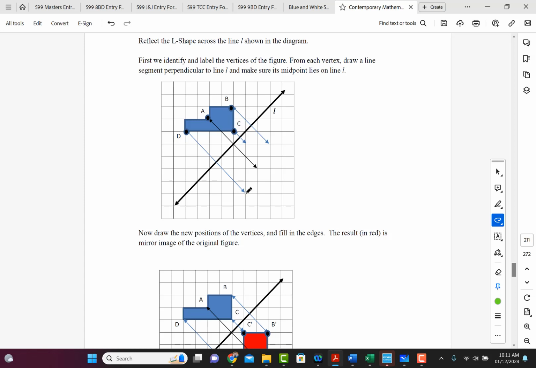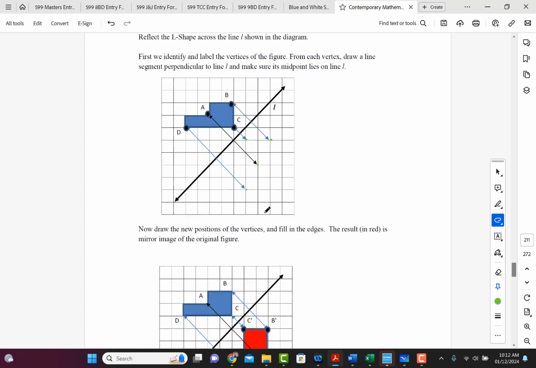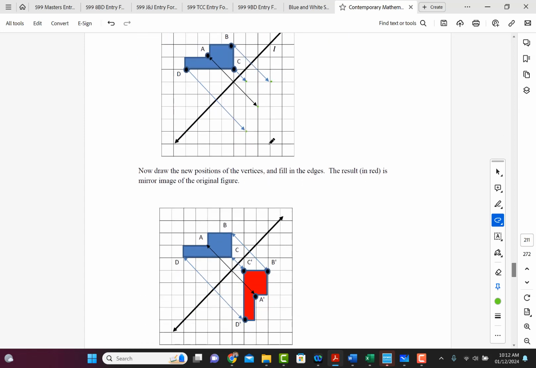So then we plot the points here, here, here, and here. Okay? And so now those are going to be the prime points, right? And so notice that's what we do up here. So notice how now look at this. This looks like a mirror image, right?